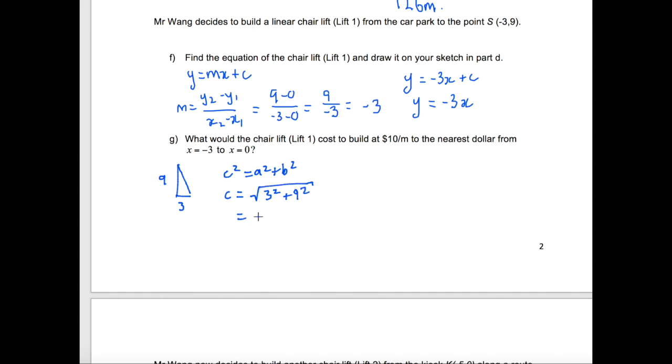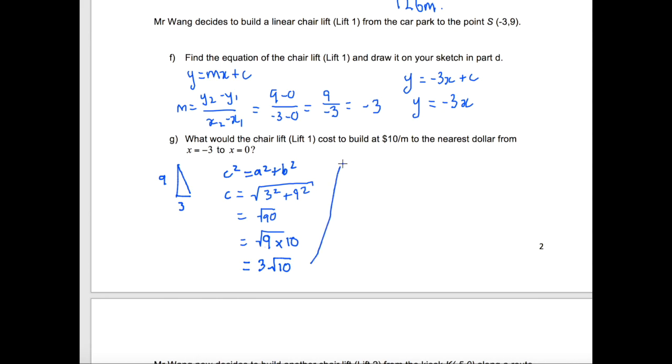Square root of 90. Simplifying surds, the square root of 90 is the same thing as the square root of 9 times 10. Well, that's equal to 3 root 10. Remember, we have to multiply everything by 100.